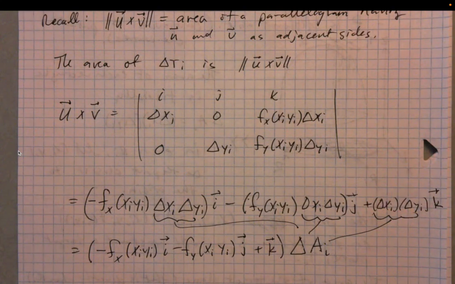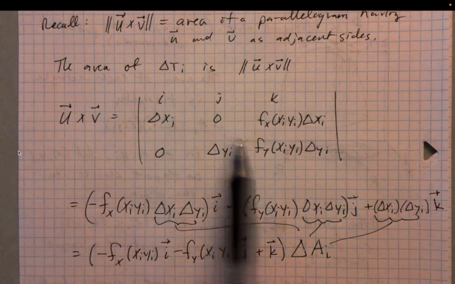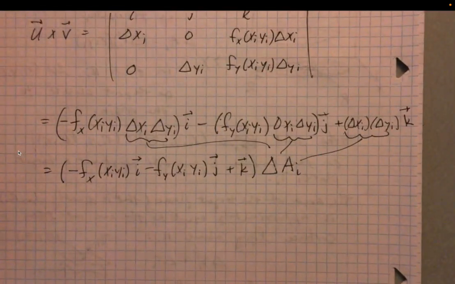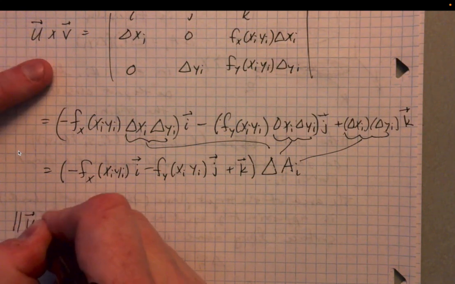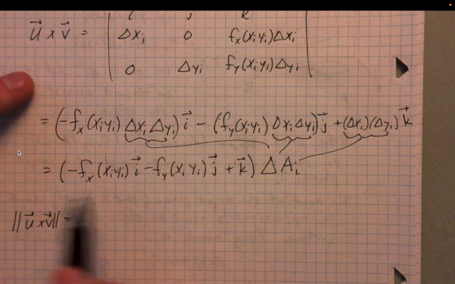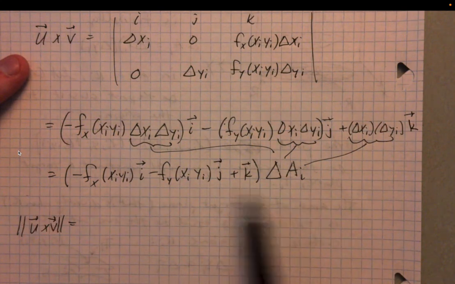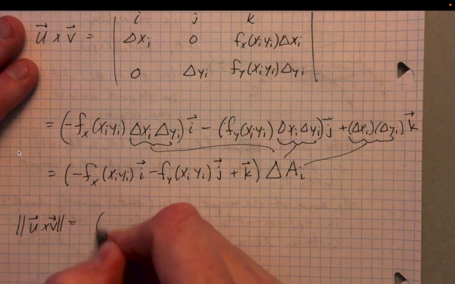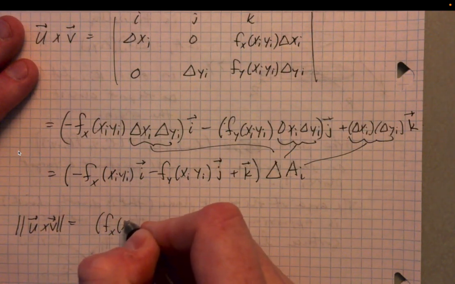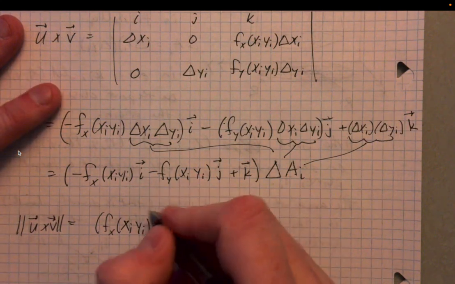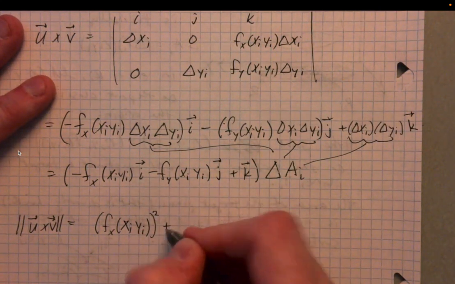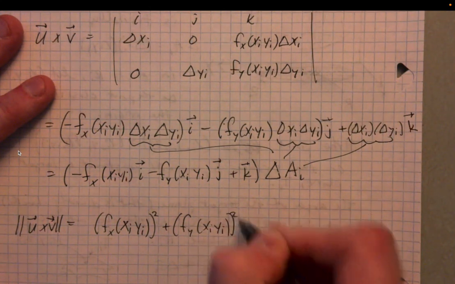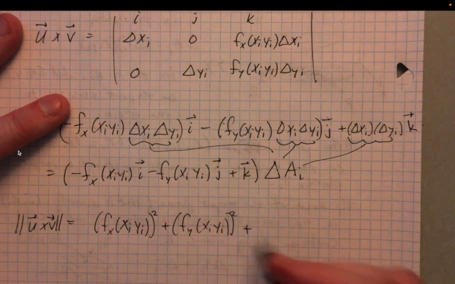So that's the cross product, but to get to the area, we really need to take the norm of the cross product. So we have to take the norm of this. So what does that look like? The norm of u cross v is just equal to the square root of the components of this thing squared. That's going to be f sub x at (xi, yi), we're going to square that, plus f sub y at (xi, yi), now we're going to square that, plus 1.